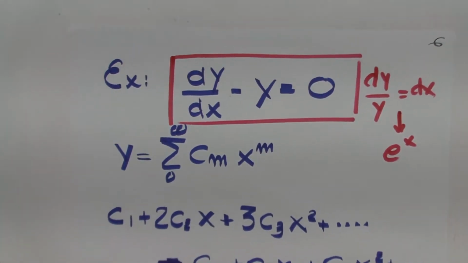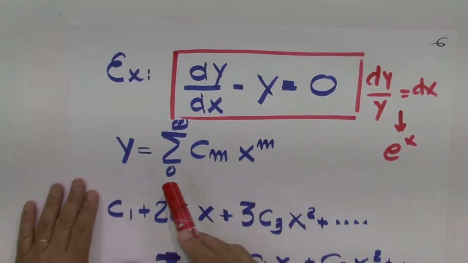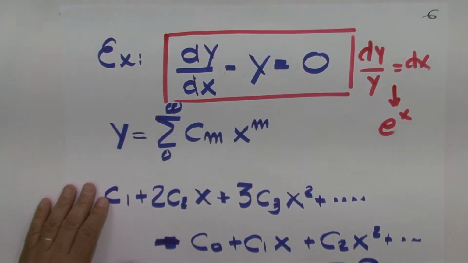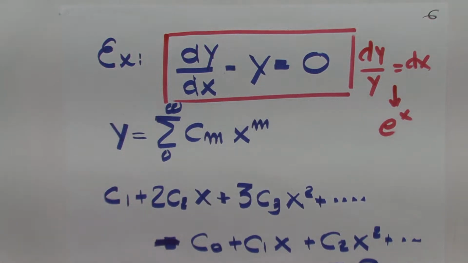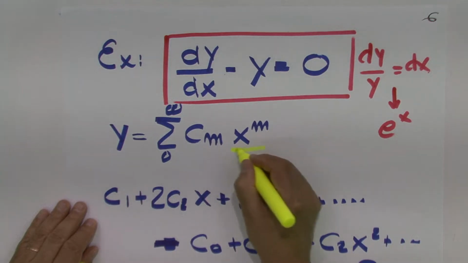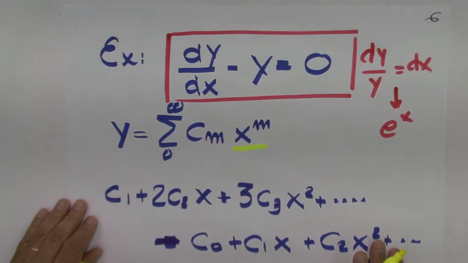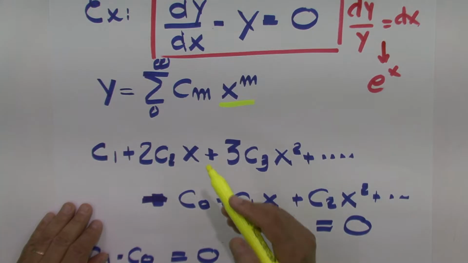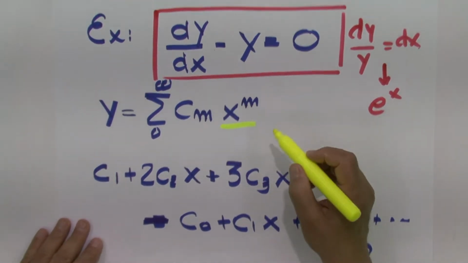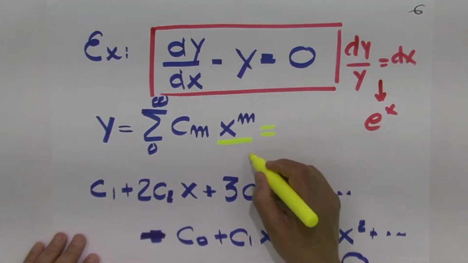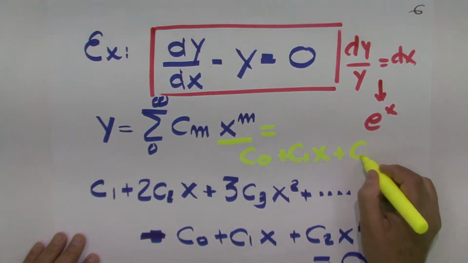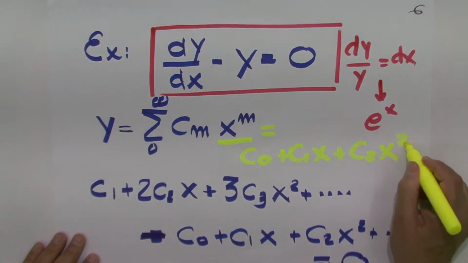We have this equation, and now we imagine that the solution is a series. When we imagine that, we consider y as a series of powers of x, starting at order 0. This series is c0 plus c1x plus c2x squared and so on.